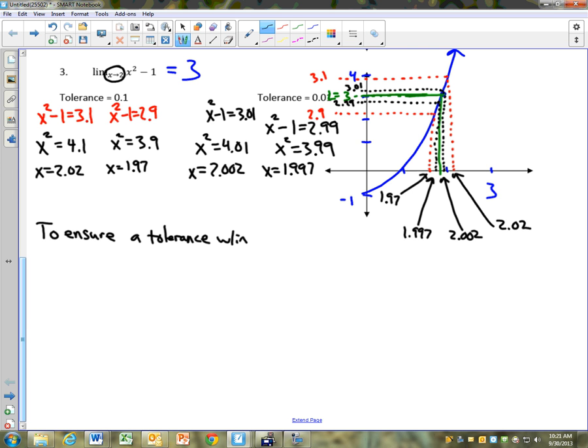So to ensure a tolerance within 0.01 of the limit, choose an x value within, how small do we have to get?